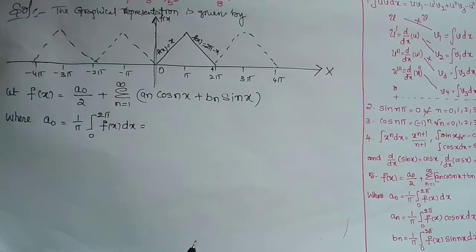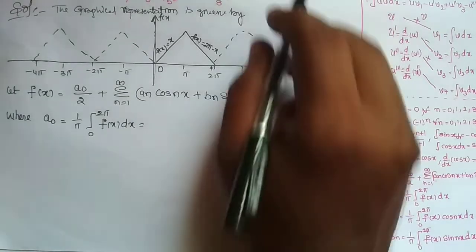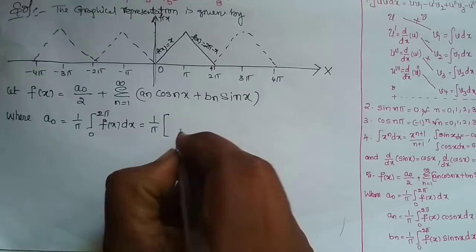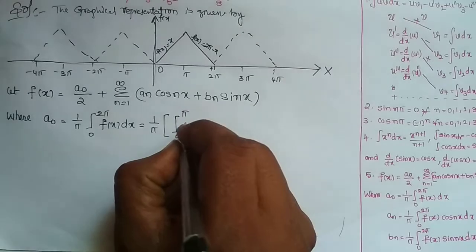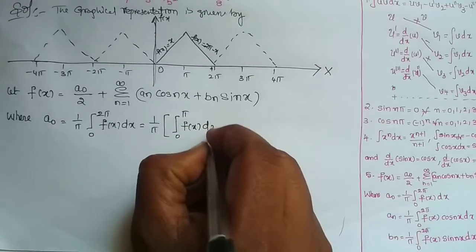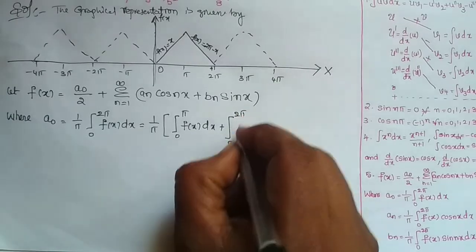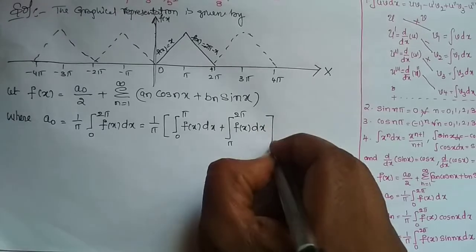But the problem is that f of x is not a single value, it is divided into two functions. So a0 is 1 by pi into the integral, and I can split the interval: integral 0 to pi f of x dx plus integral pi to 2 pi f of x dx.